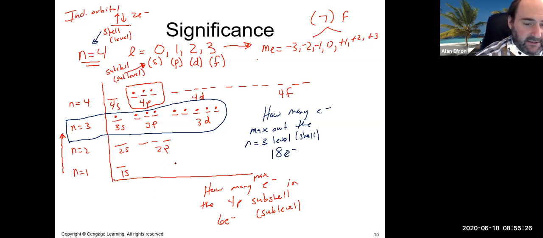Now, let's do the question that always gets people. What is the maximum number of electrons in a 4f orbital? Take a second, see what you come up with.